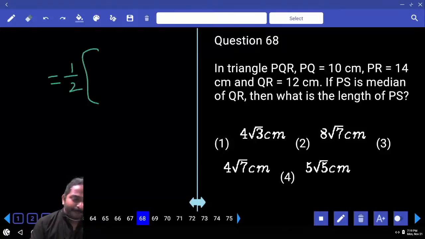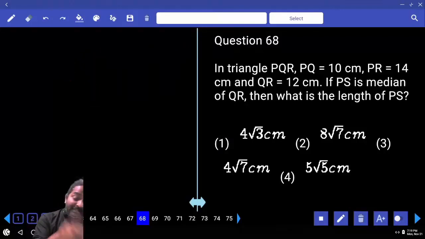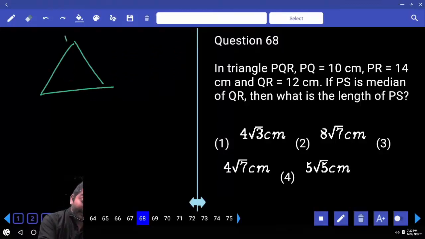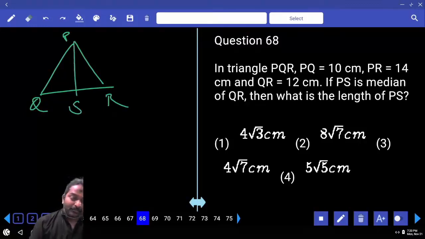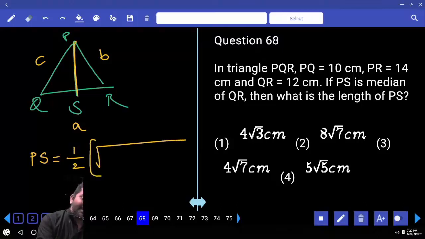Half of under root of... In triangle PQR, PS is median, and if sides are, I'll write it as A, B, C. If you were asked to calculate PS, that's going to be half of under root of, this is PS, right?